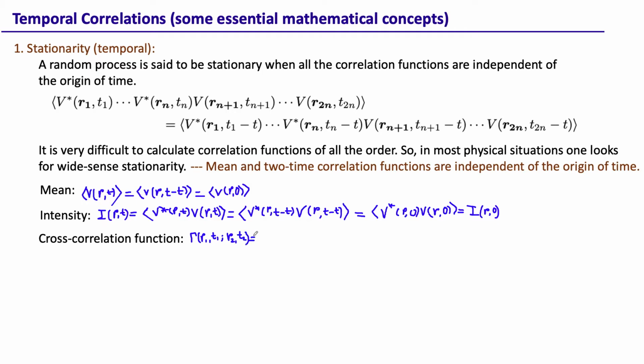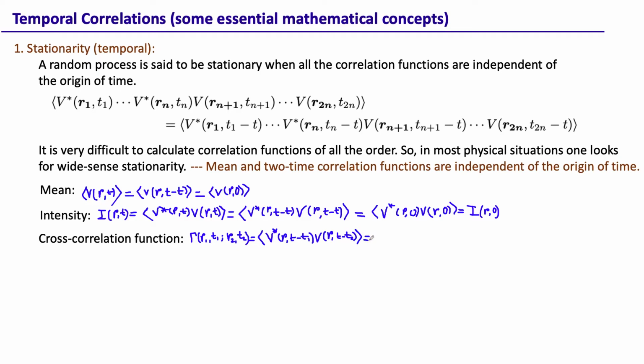This is defined as the ensemble average of V star R1, T minus T1, and V R, T minus T2. So, that is the cross correlation function.